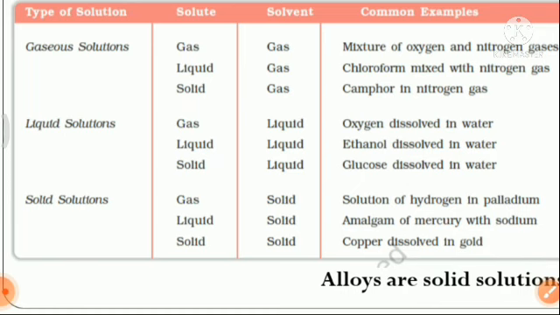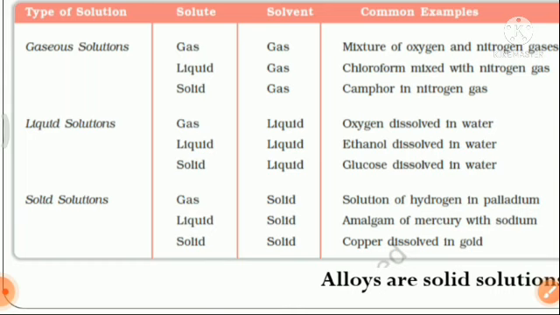Now the most common type of solution, that is the liquid solution. For a liquid solution, the only thing you have to know is that the solvent must be a liquid, and the solute can be anything: solid, liquid, or gas. If the solute is a gas, for example oxygen dissolved in water or carbon dioxide dissolved in water, all such solutions where a gas is dissolved into a liquid will be liquid solutions.